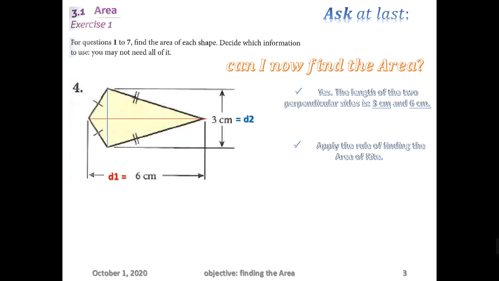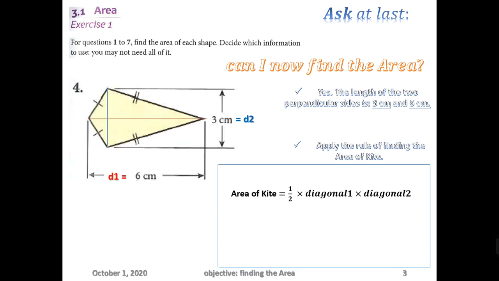Or you can say half times diagonal 1 times diagonal 2. So that's how you write it. And then you substitute. So the horizontal diagonal is 6, so you replace diagonal 1 with 6, and the vertical diagonal is 3, so you substitute diagonal 2 with 3. So it's going to be half times 6 times 3.